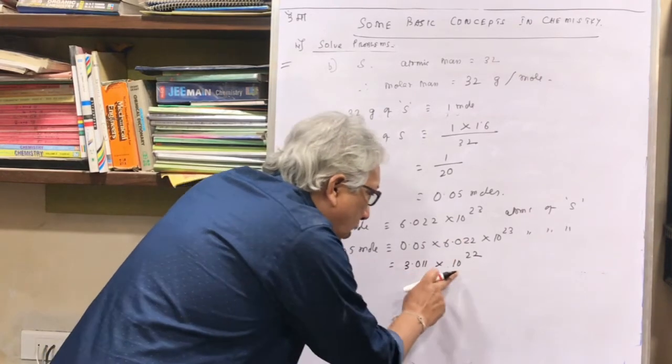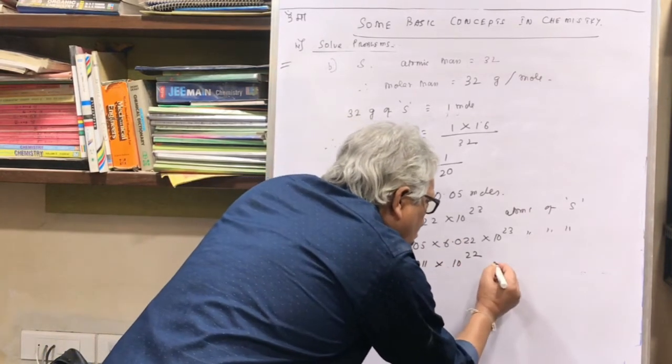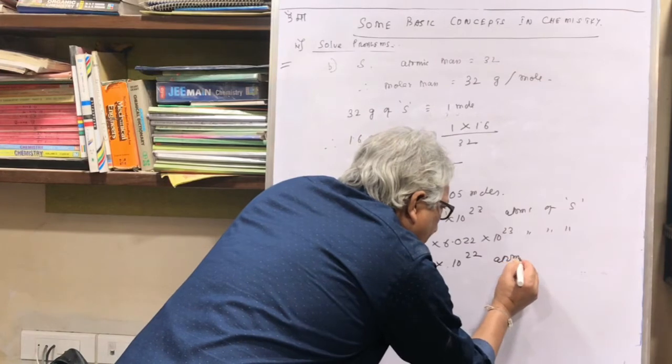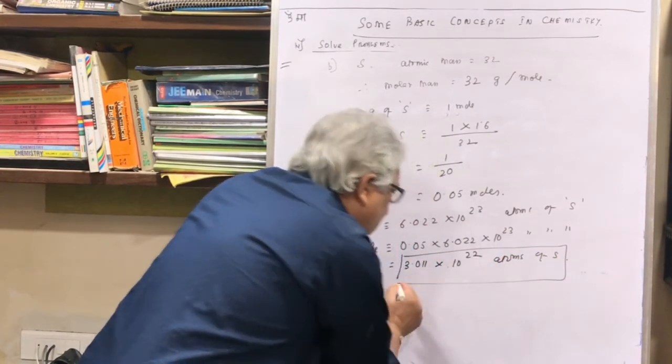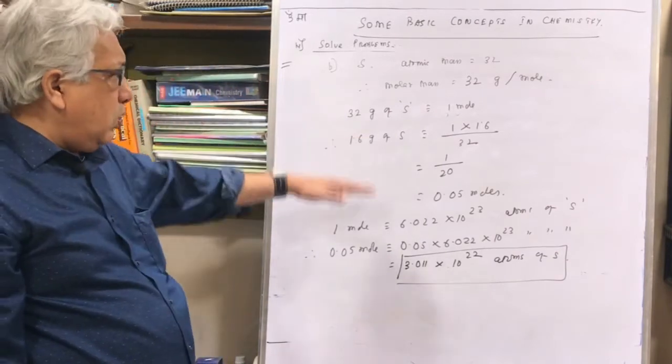So 3.011 into 10 raised to 22 atoms of sulfur. So this is how I get the answer. I hope you are okay with this.